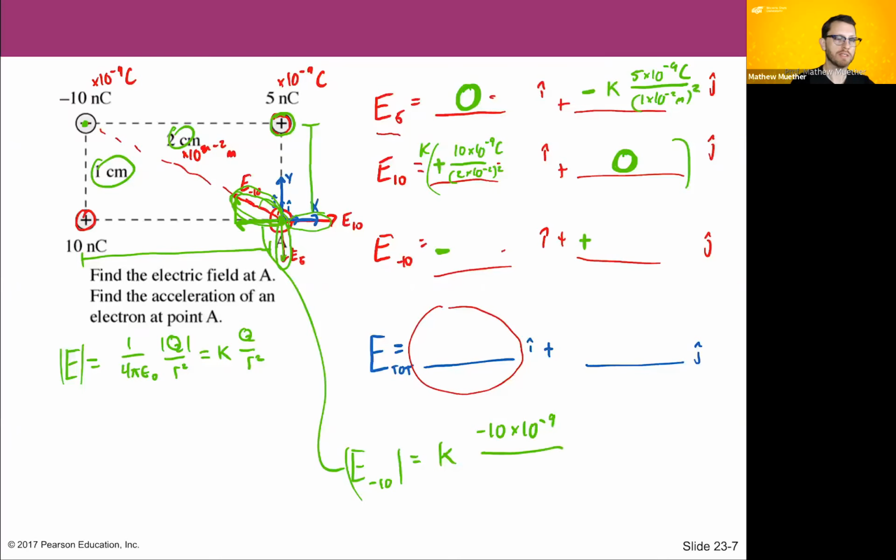How far is that? Well, I can use the Pythagorean theorem. This is going to be the square root of 2 squared plus 1 squared, so this has got to be the square root of 5 centimeters here. So that distance is the square root of 5 centimeters squared, 5, and then I should put the right units: 5 times 10 to the minus 2 meters.